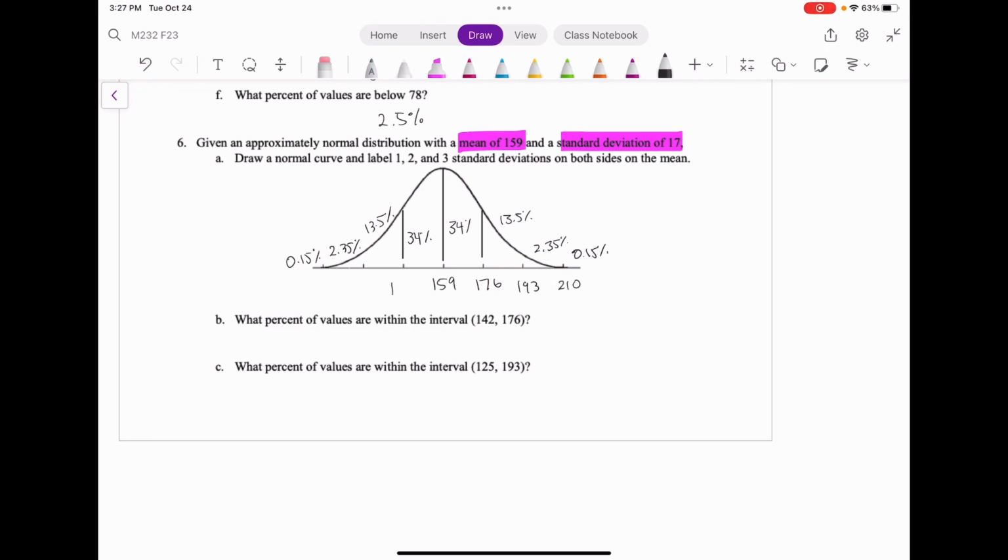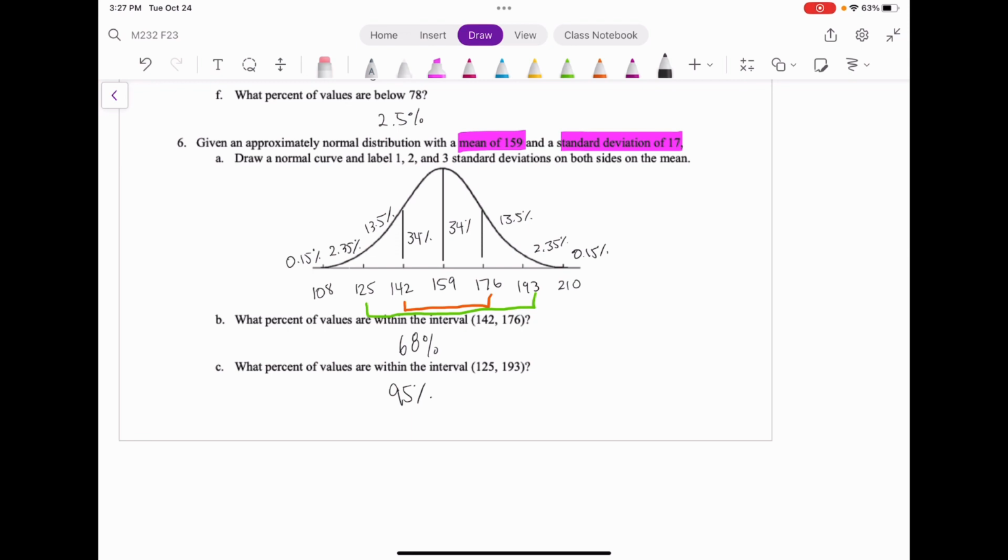To the left, subtracting, I get 142, 125, and 108. The interval of 142 to 176, that's one standard deviation, which is 68%. The interval from 125 up to 193, that's two standard deviations, which is 95%.